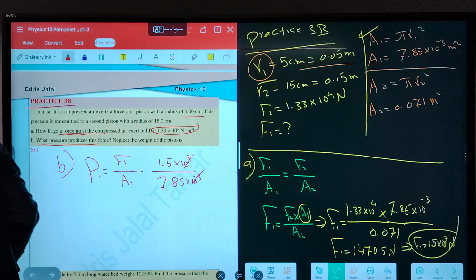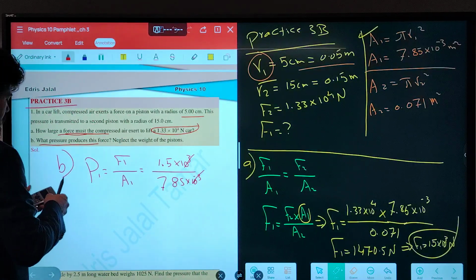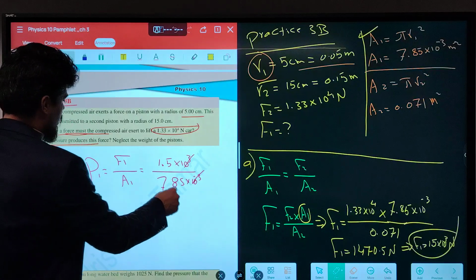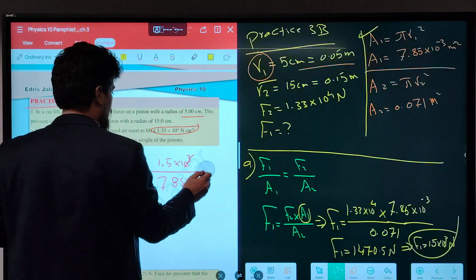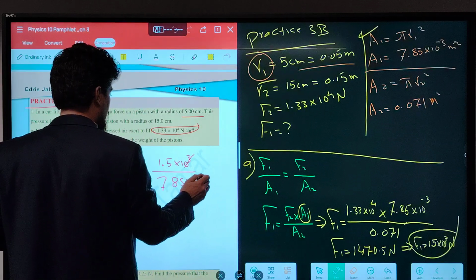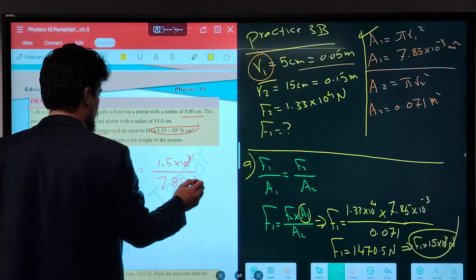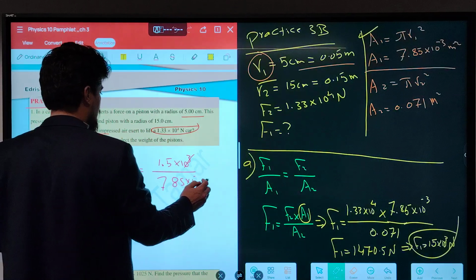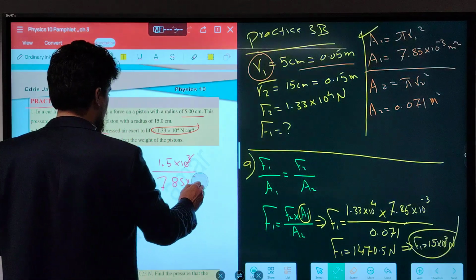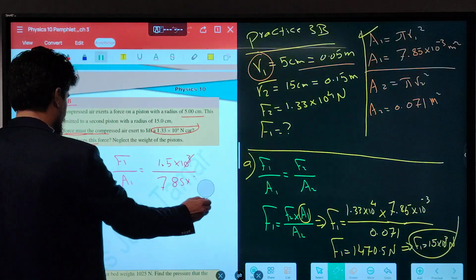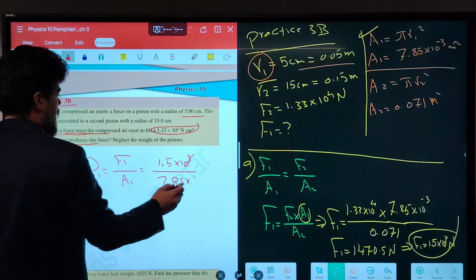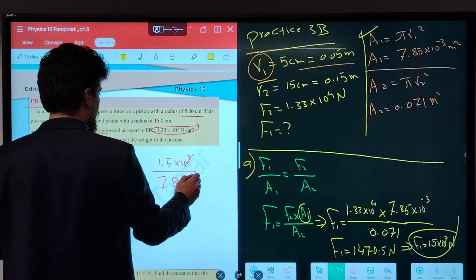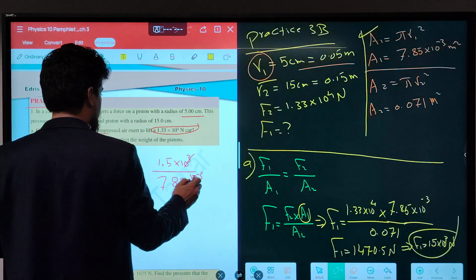This is not cancelled, sorry, it's not the same unit. This is 10 power negative 3, not cancelled, okay?